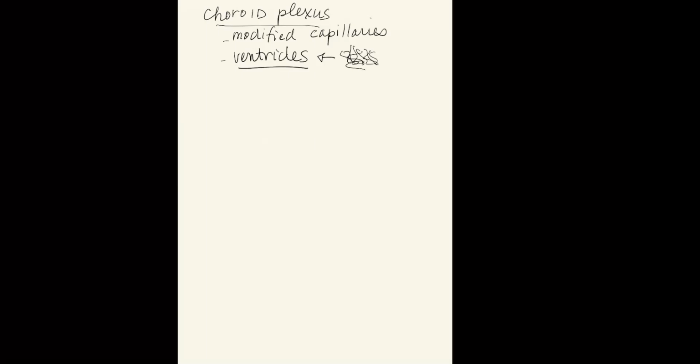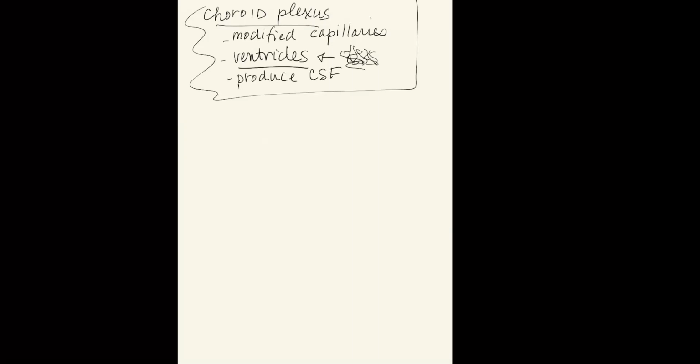It's found in the ventricles, and what it does is it's going to help produce cerebral spinal fluid. It's like brick red spider web. If you tore down a spider web and had it all globbed together, that's kind of what it's like. But this is the big stuff. Okay. So it's found in the ventricles, it's capillaries, and they make cerebral spinal fluid.